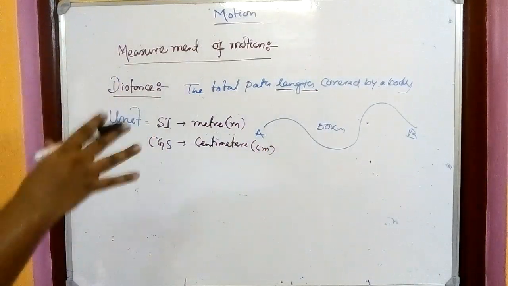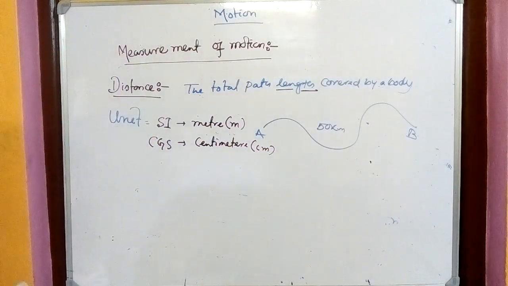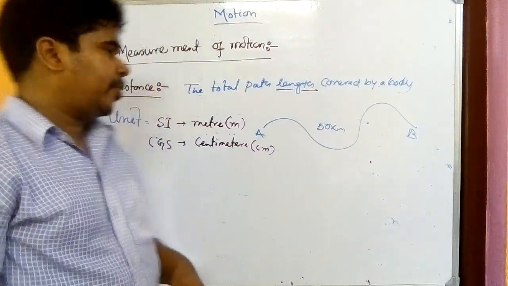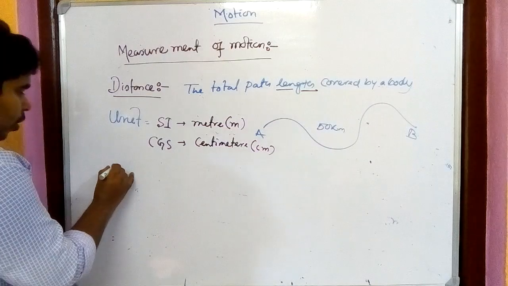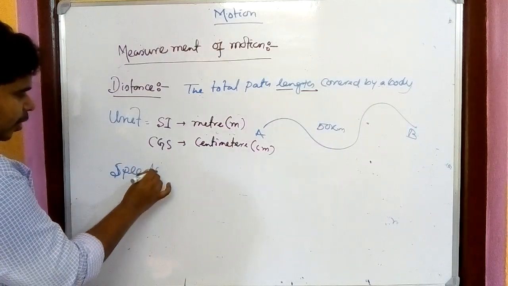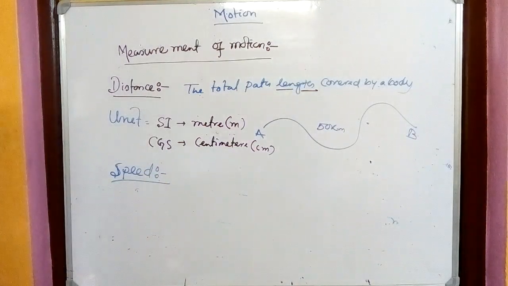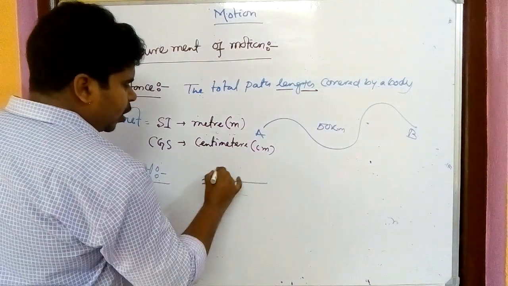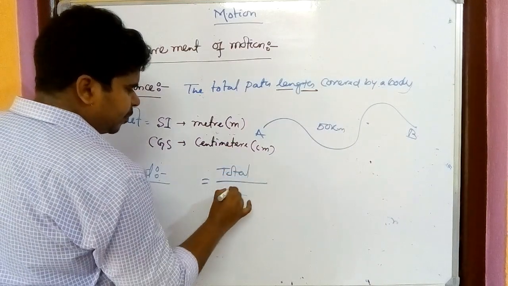So this is distance, which we can measure for a body in motion. Now speed, that also we have learned in the previous chapter, so I'm not telling much on that. Speed is nothing but total distance by time.